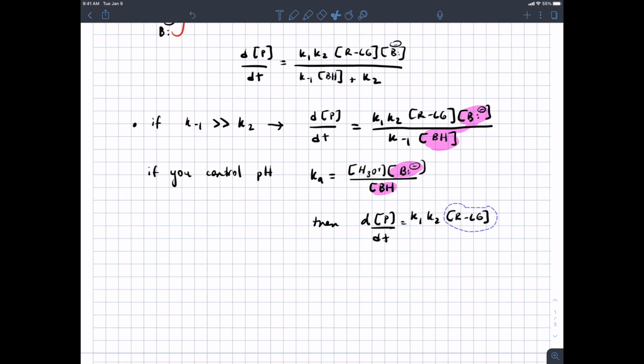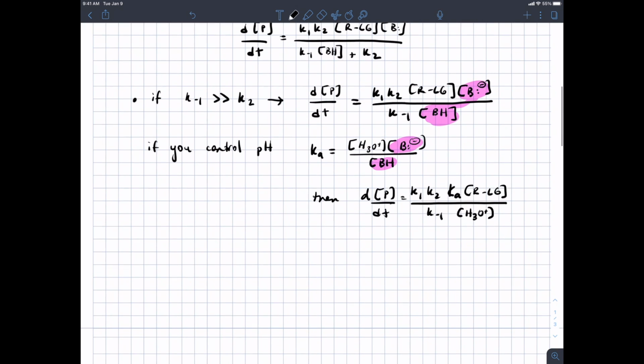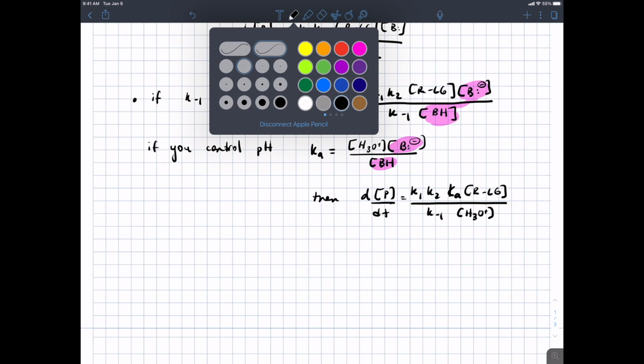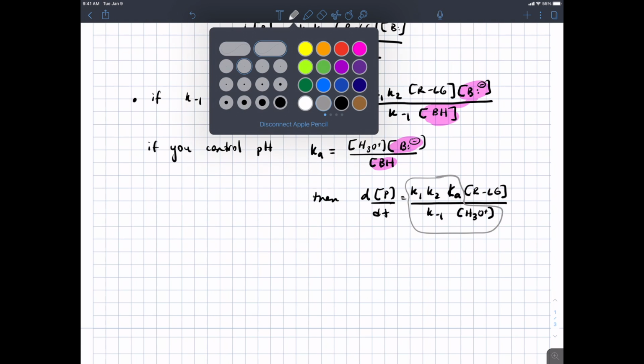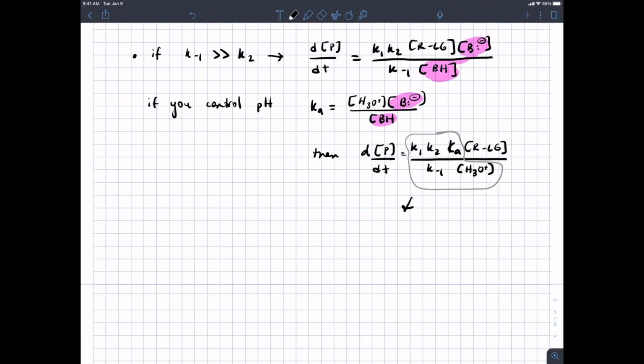Sorry, I should slide this over because we're going to put Ka here, the conjugate acid of your base, and then k minus 1 and hydronium concentration. And if you keep pH constant, then all of this is constant, and you end up with a rate expression that looks like it's unimolecular and only depends on the leaving group and not on the base.